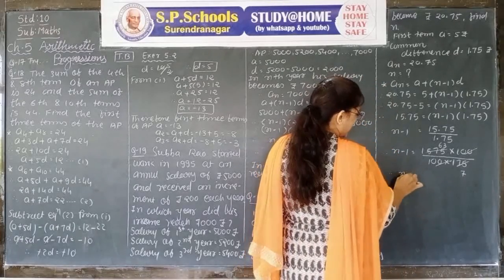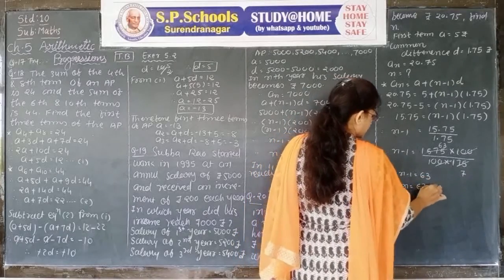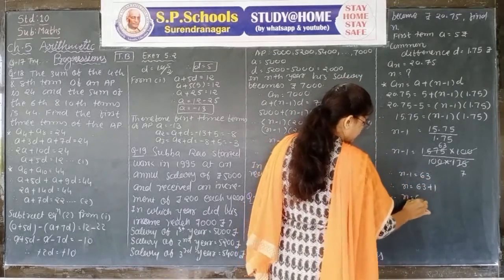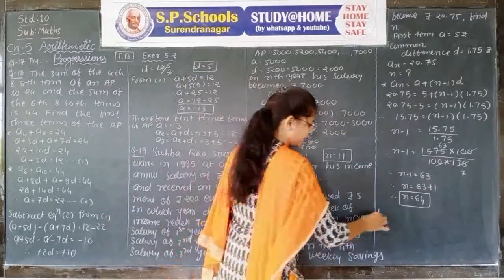That's why n minus 1 is equal to 63, n is equal to 63 plus 1, and n is equal to 64. The question says find n, therefore the value of n is 64.